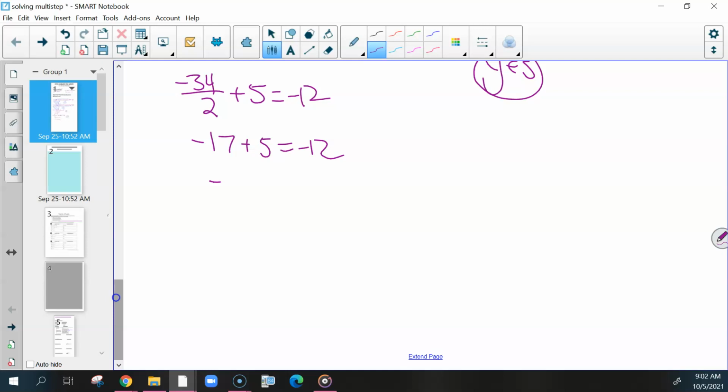Negative 17 plus 5 is negative 12. Questions on those? We could also do that, except we can't put the equal sign in with that. But you could put this sign in, sure, and see if it works. Right. Go on to the next page.